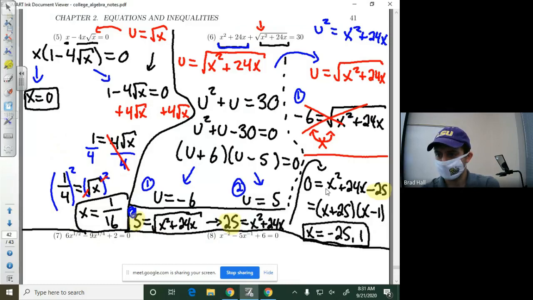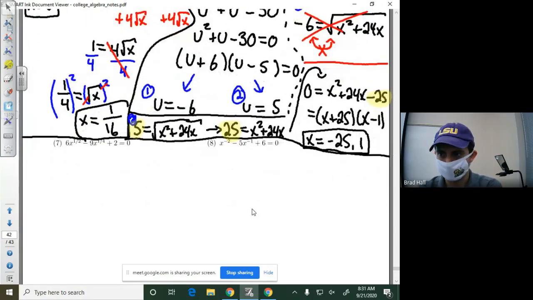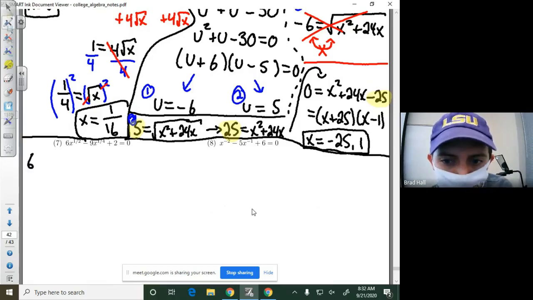So I'll scroll down a little bit here for those of you still writing. And let's go ahead and look at problem 7. So it might be cut off. Let me go ahead and rewrite it as well.